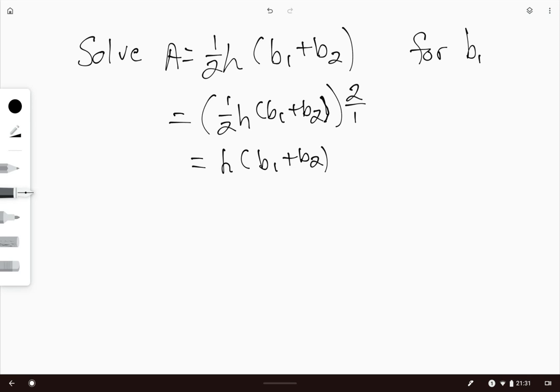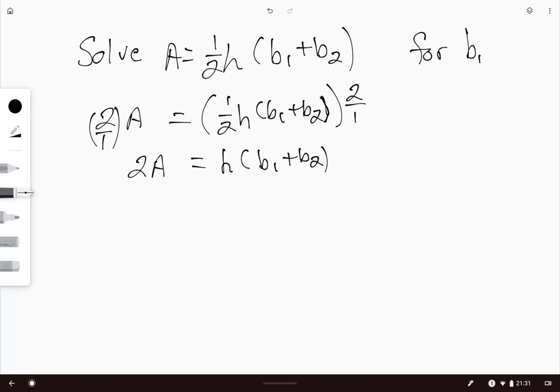But what I do to one side of the equation, I must also do to the other side of the equation. All right, so that means 2 times a is going to be 2a. So now I'm left with 2a equals the height, or h, times b1 plus b2.